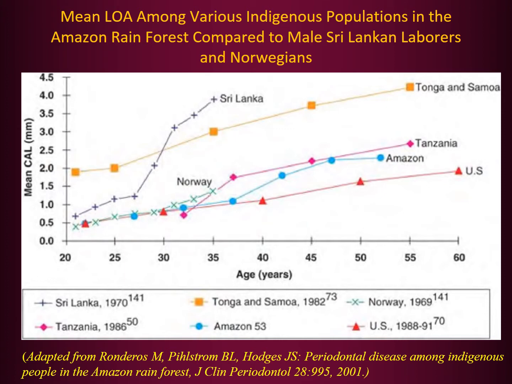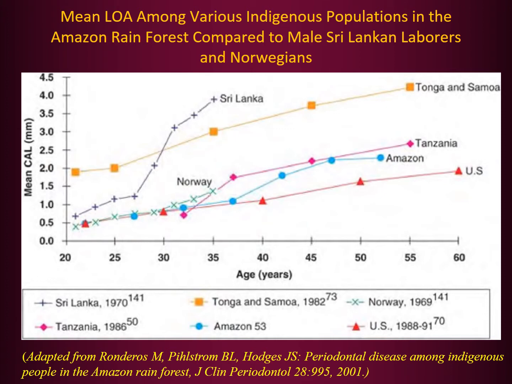As you can see, for mean attachment levels, overall the Sri Lankans had significantly more attachment loss initially, at the, say, age of up to 35 years old, compared to the Tongans and Samoans, which obviously increased over time, as well as the Tanzanians and the folks in the Amazon, which are in the blue color. Compare that to the United States, which is lower than the others.